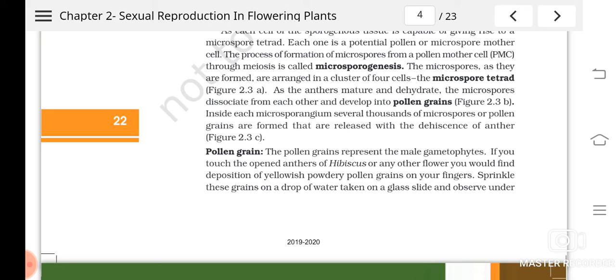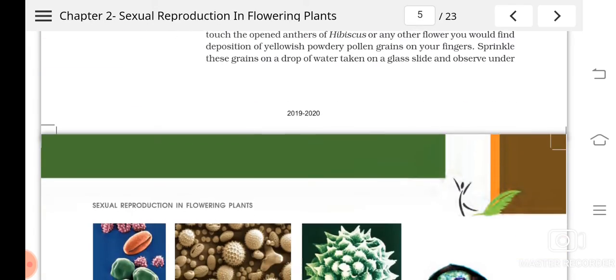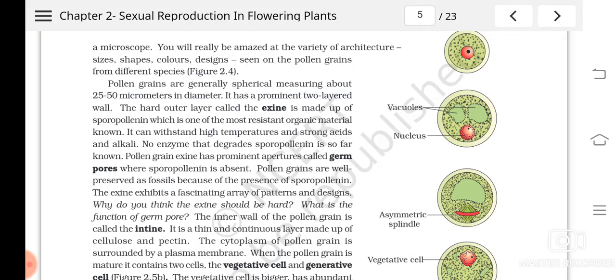It has a wall with two layers. The outer layer is known as exine, made up of a special substance known as sporopollenin, the most resistant organic material, which can withstand high temperature, acids and alkali, and no enzymes can degrade it.